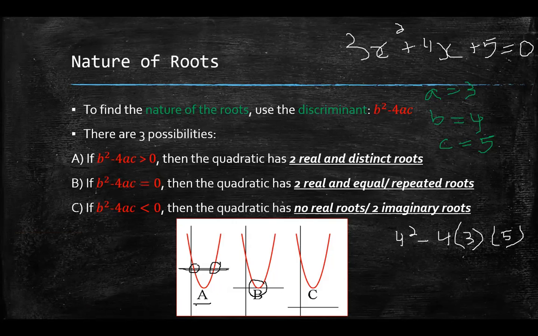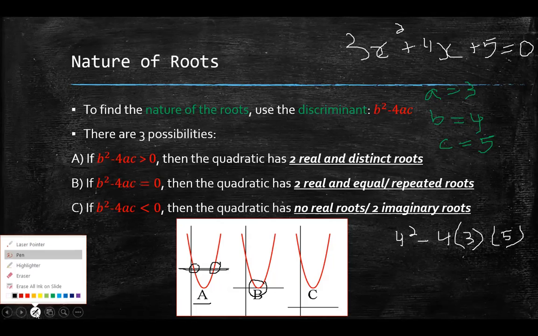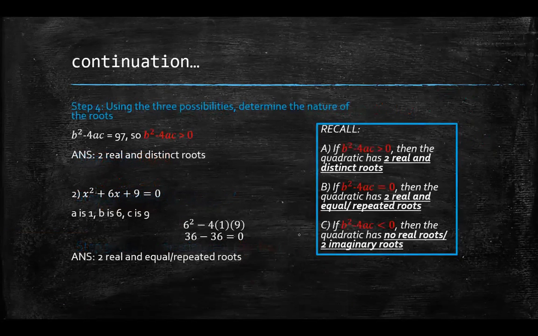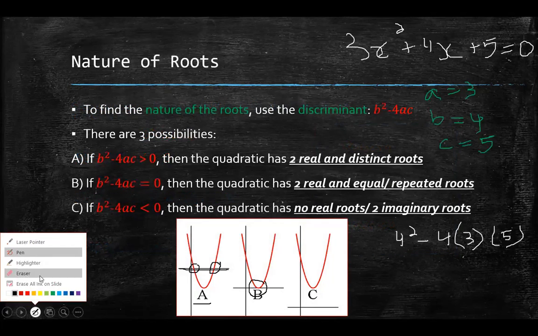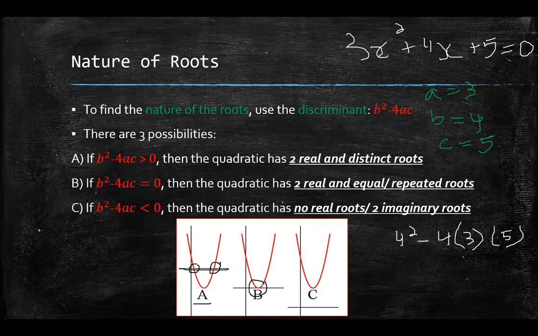this is my root right here. Let me show you what that means. When I say equal or repeated roots, that just means, okay, wrong PowerPoint. If I say two real and repeated roots, if I wanted to solve this quadratic and find the values of x, the values of x would be the same.